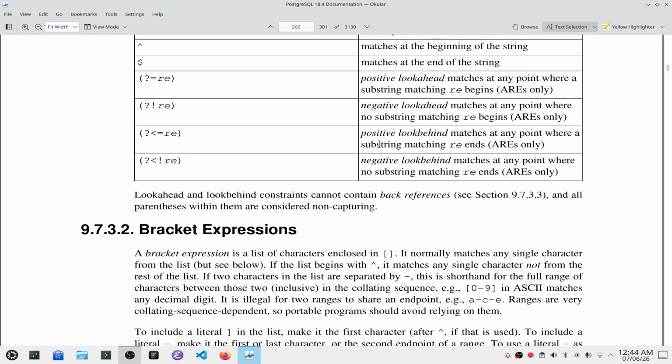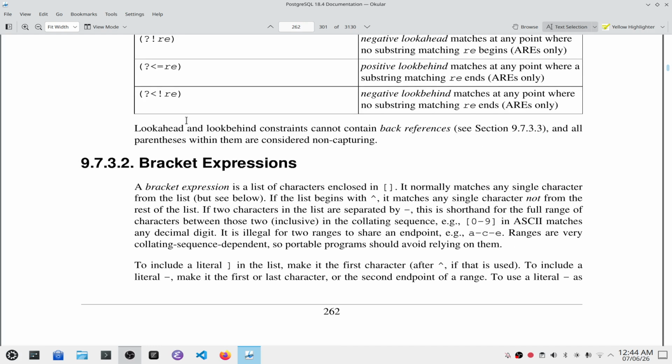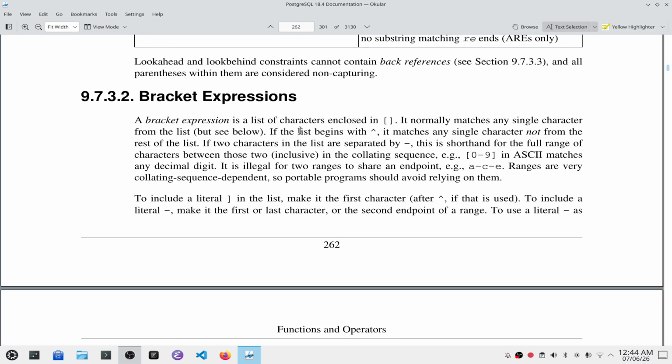Question mark less than, positive look behind, matches at any point where a substring matching RE ends. Question mark less than exclamation mark, negative look behind, matches at any point where no substring matching RE ends. We have already seen all this. Look ahead and look behind constraints cannot contain back references, and all parentheses within them are considered non-capturing.